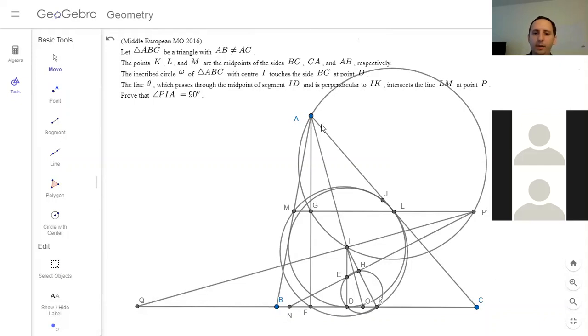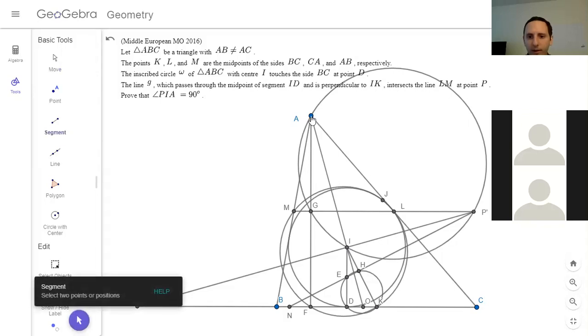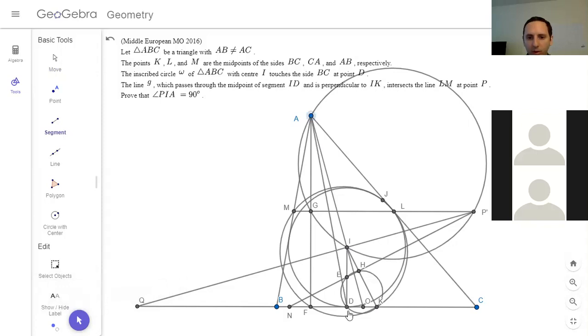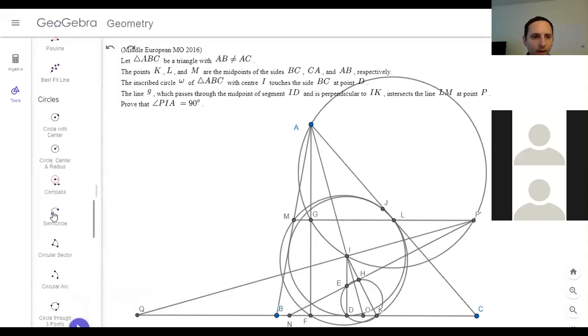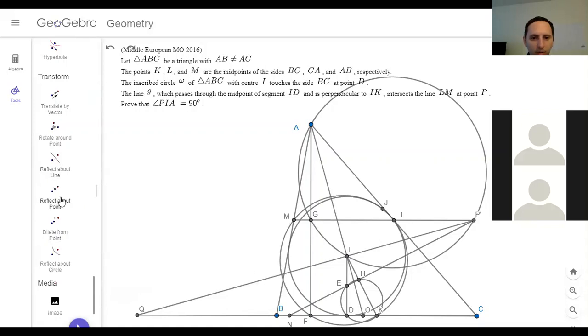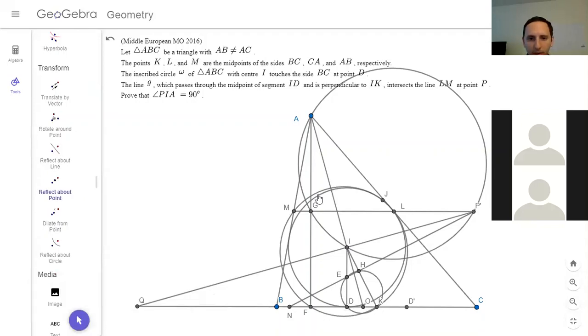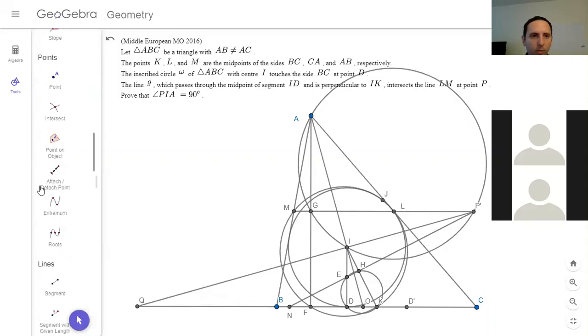So IK bisects AD. There are a lot of properties here. So it's a median of triangle AKD. Maybe we could use the Submedian theorem. Can you reflect D across K? Yes. I can do that. So that will meet the nine-point circle at the topmost point.